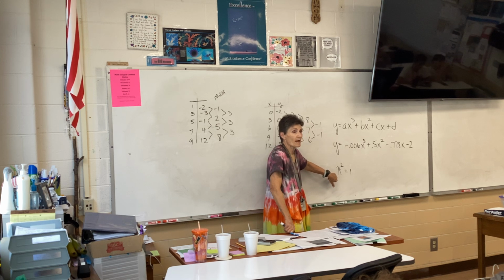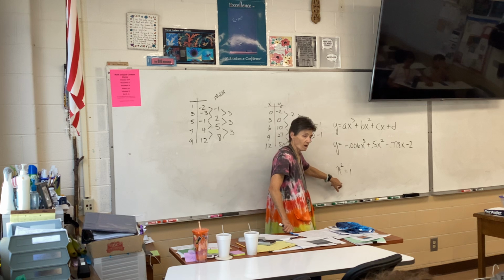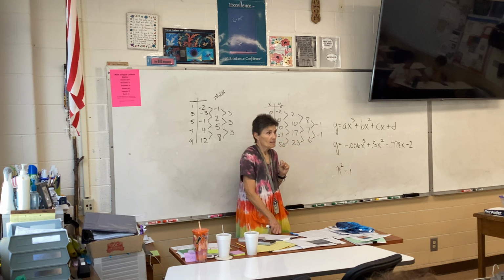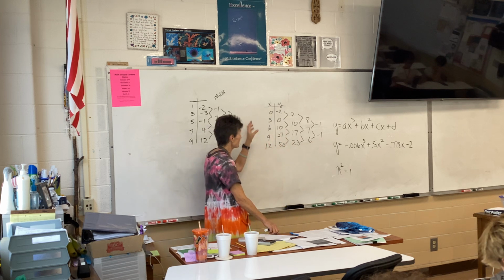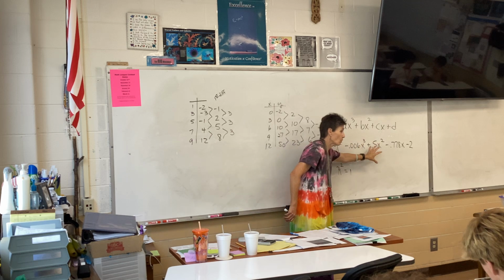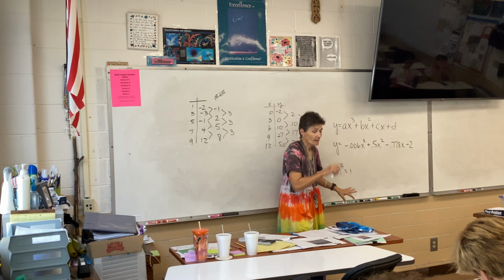The closer that number is to 1, the more accurate my equation is. So when it is 1, what does that tell me? I have a perfect fit. So you figured out that this thing was cubic, and we let the calculator do the work, and it verified that that's cubic. All right?